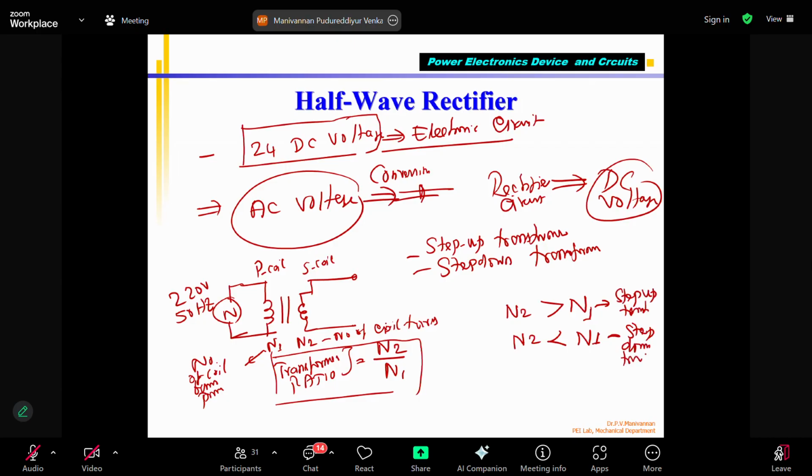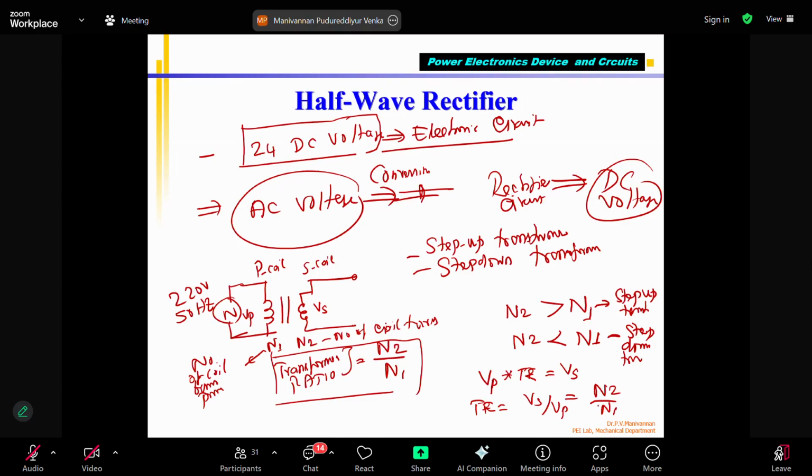Why is it so? Now we can calculate the transformer ratio. Now see the formula. V1, I can say VP, is called the primary voltage. VS is the secondary voltage. VP multiplied by TR equals VS. So the transformer ratio TR equals VS divided by VP, which is nothing but N2 divided by N1.